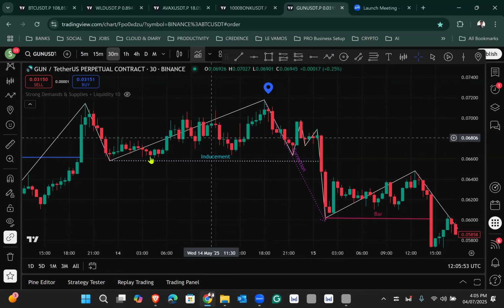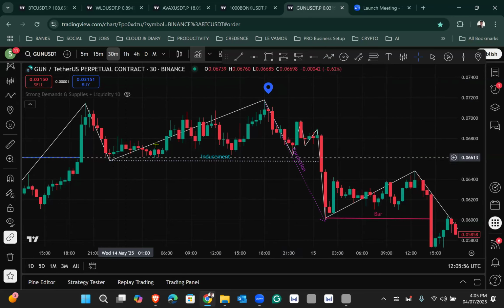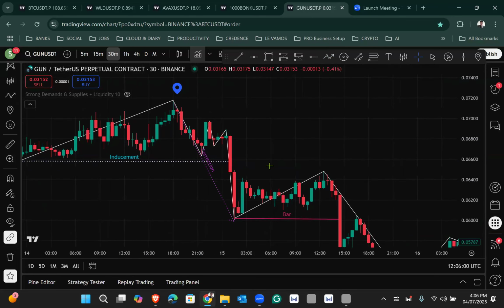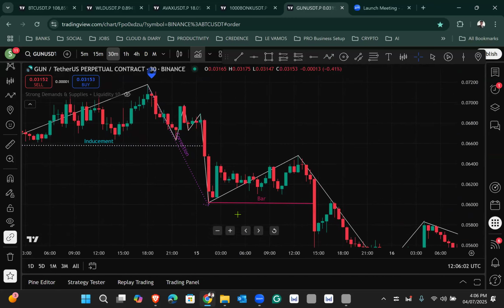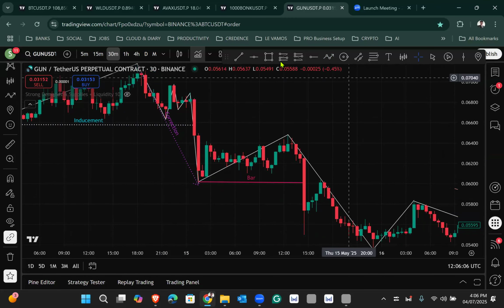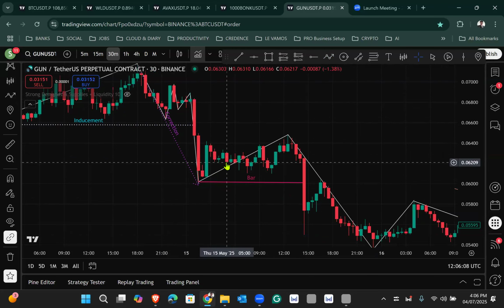This is an inducement. Then the correction here. If the correction is here, the correction is here.